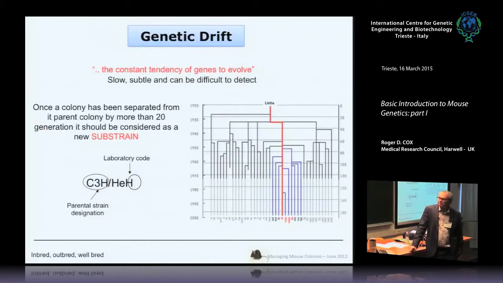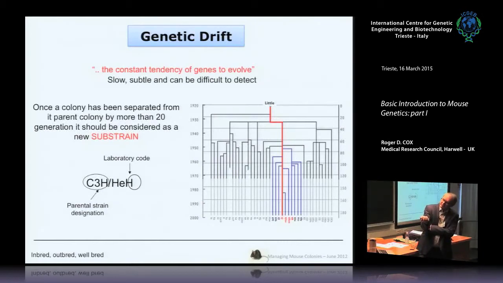So there is genetic drift. You do get mutations. They can be difficult to detect. They can be invisible phenotypically. One rule of thumb is if a colony has been separated from its parent colony by more than 20 generations, it should be considered a new substrain.